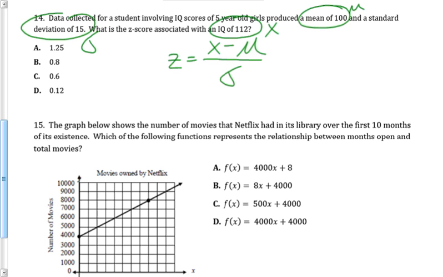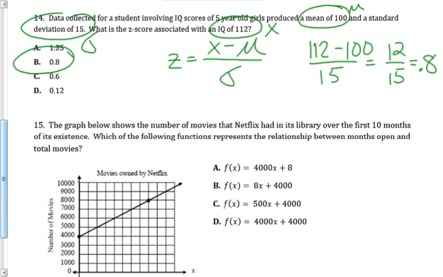That's our observation. So we're going to do 112 minus 100 divided by 15. It gives us 12 divided by 15, which gives us a z-score of 0.8. It's a simple equation, making sure you plug everything into the correct place, and then simplify it.